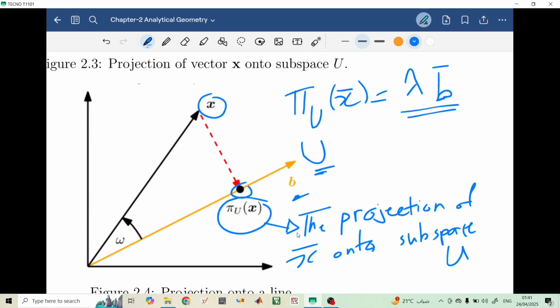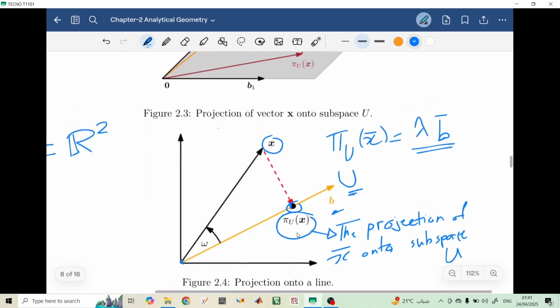So now we know the form, the shape of this projection. What is unknown is lambda, which is actually this length, from the origin to this point, right? So this is the constant that we multiply by a basis vector.